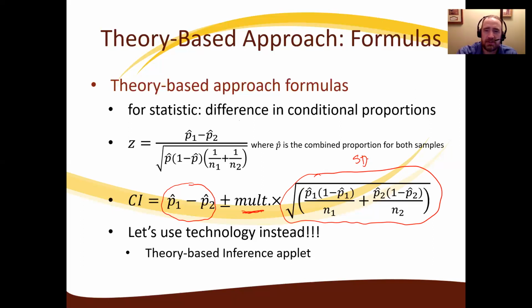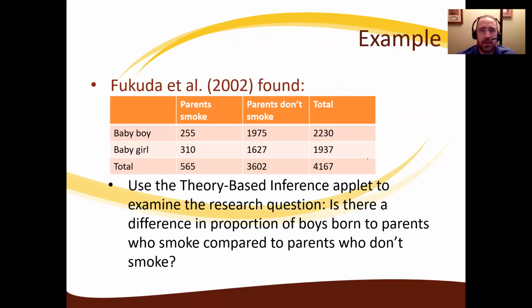Let's use technology instead. In the theory-based inference applet, I have an example for us to try this out. Fukuda et al. in 2002 found some results. They asked families, and asked the parents specifically, if they smoked or didn't smoke. So everybody got divided into two groups, the smoking group and the non-smoking group.